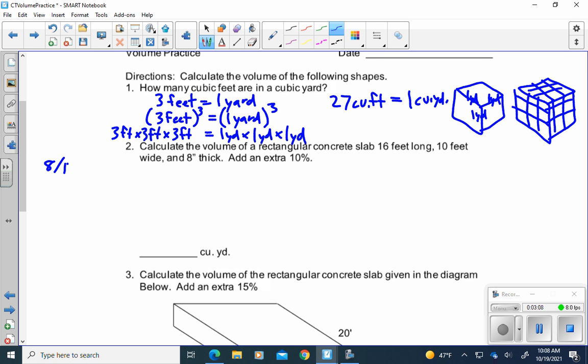So we do 8 divided by 12. And I'm just going to leave that as 8 divided by 12, and multiply by 16 and 10. So length times width times height. Let's just calculate the volume.